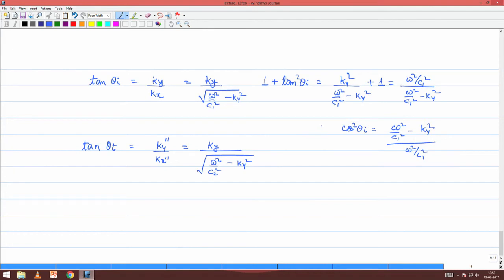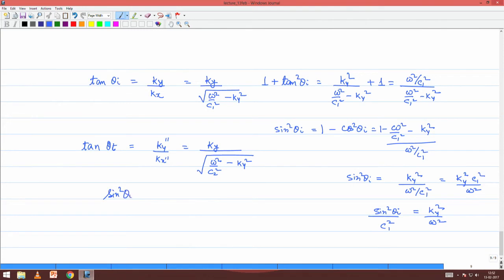Therefore, 1 minus cos square theta is sin square theta, which will read as k y square divided by omega square by c 1 square. So, sin square theta I is k y square c 1 square divided by omega square. In other words, sin square theta I divided by c 1 square is equal to k y square by omega square.